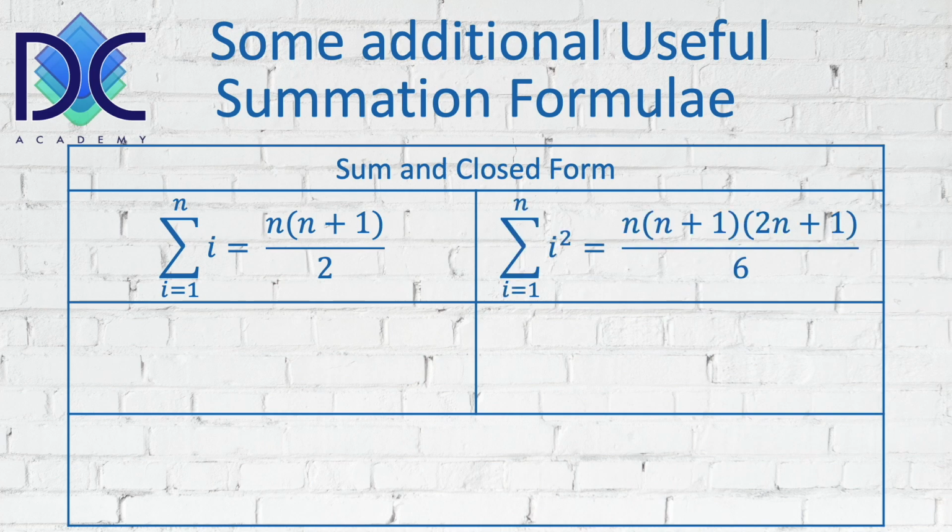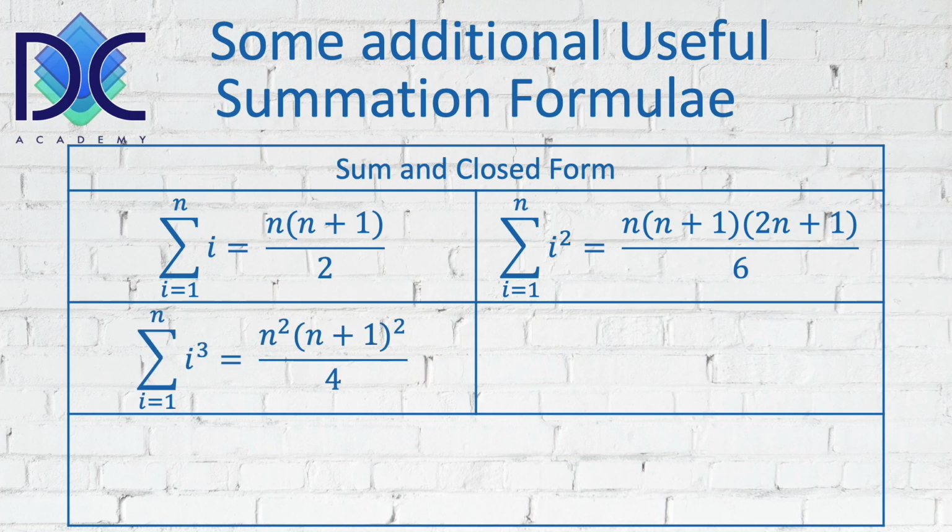Another is the sum of all the elements i to the power 2, starting from 1. It's clear that starting from 0 has no sense, because then i squared would be equal to 0. We can prove that this is equal to n times n plus 1 multiplied by 2n plus 1, divided by 6.